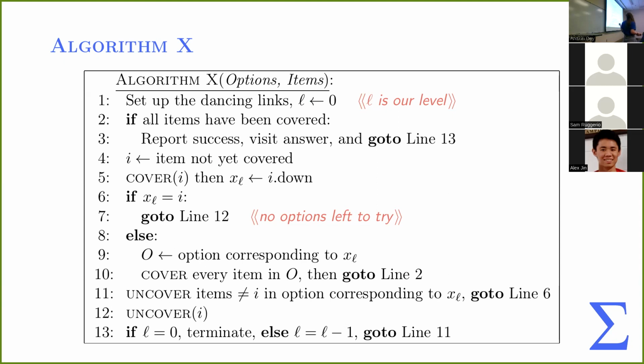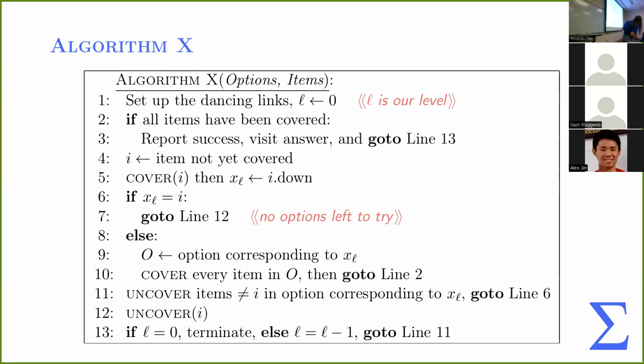Otherwise, we need to select the option that corresponds to this node and cover every item in O. So we're picking an option and we're covering all of the items that it covers. And then we go back to line 2 and we pick a new item to cover.